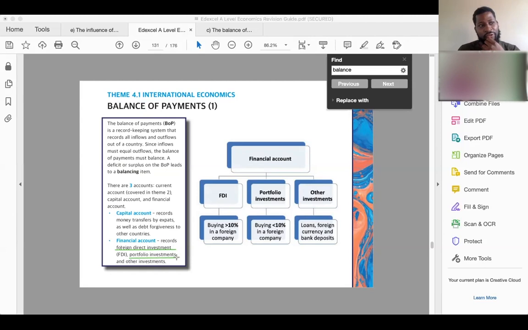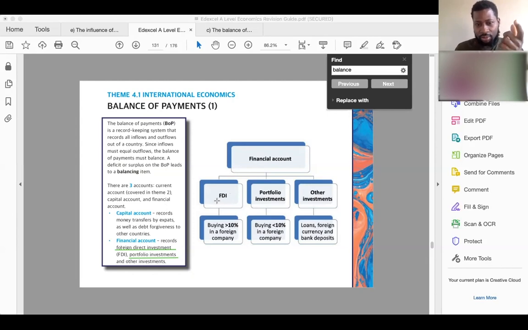For example, in the UK, we have the Foreign Office, and we also have the Department for International Trade, and the Department for International Development, DFID, which is responsible for a lot of this stuff.